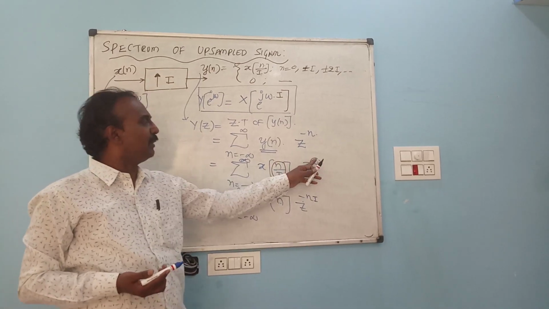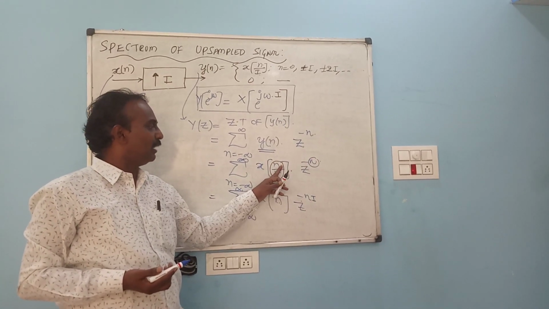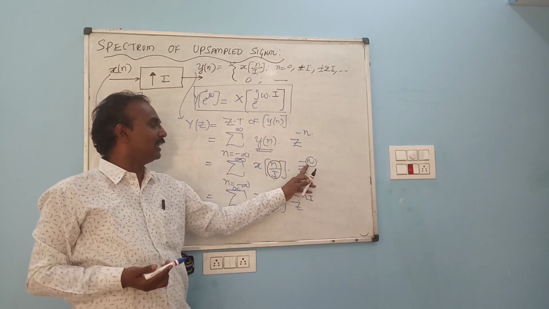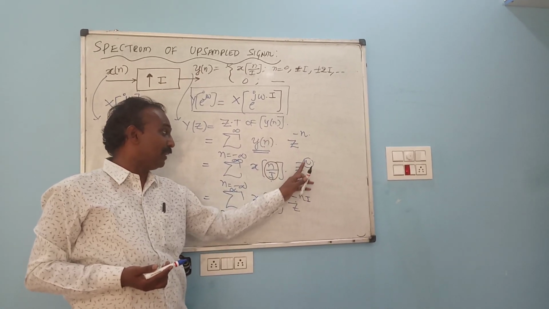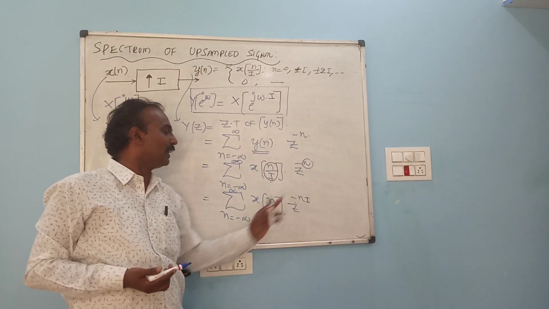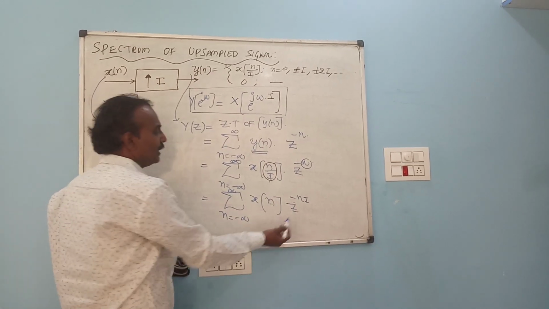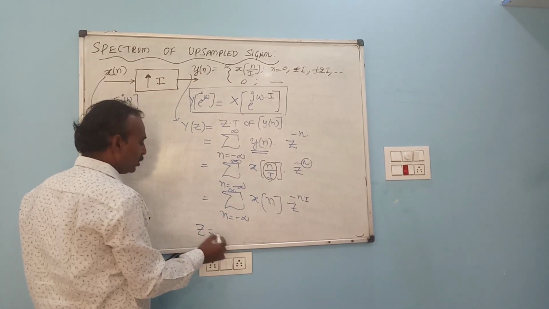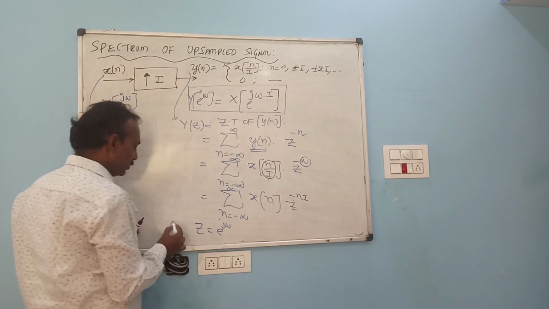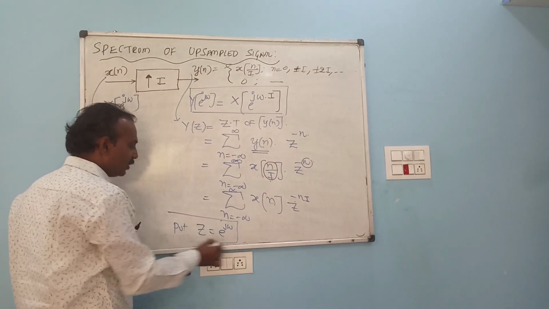There, with downsampling, I got n into D in the exponent. Now here it is n into I. We know z is equal to e power j omega, so let me put z equal to e power j omega.